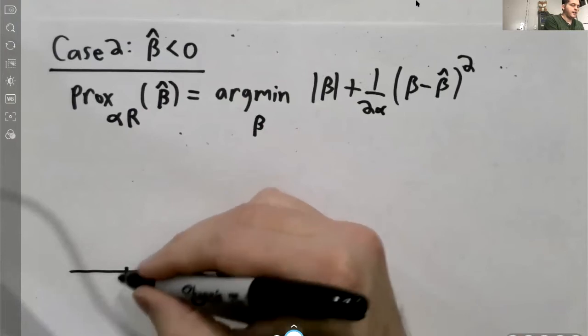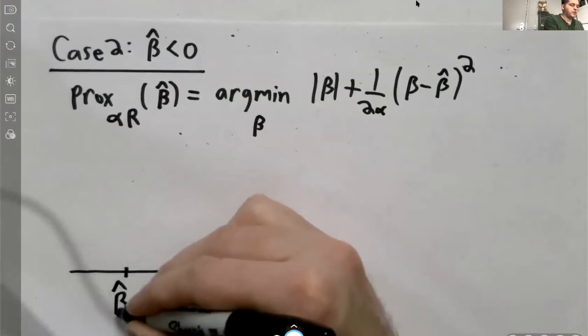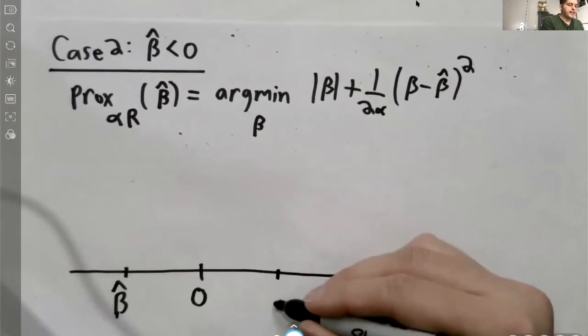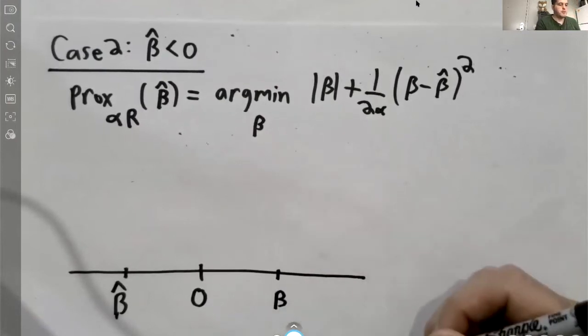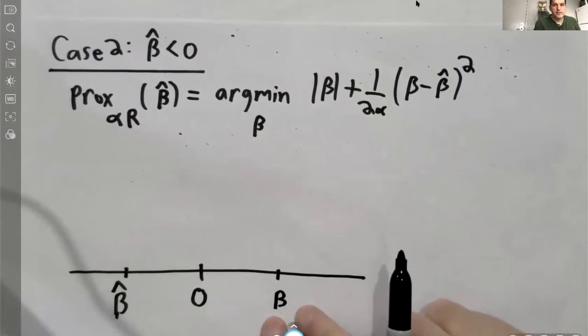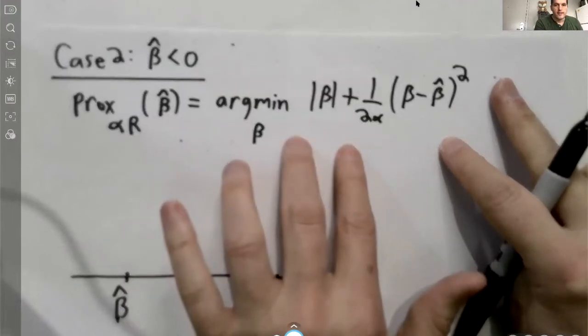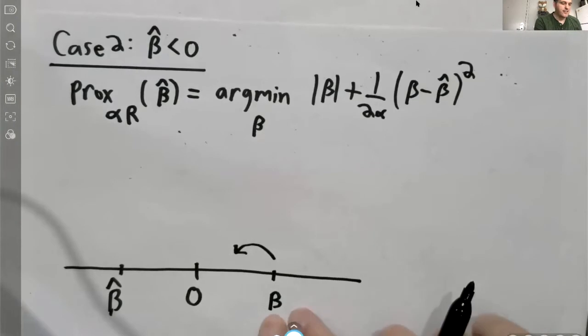Here is beta hat, which is negative. And here's a candidate value of beta, which is positive. I claim that there's no way that this positive value of beta could be a minimizer for this objective function. If we start with a candidate value of beta that's positive, we can improve beta just by moving it to the left a little bit.